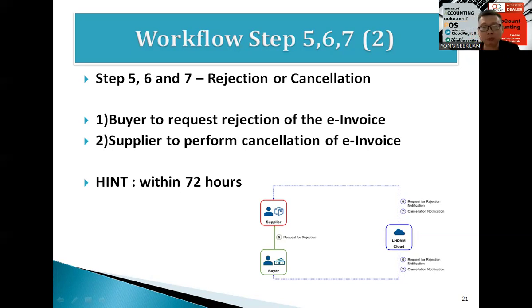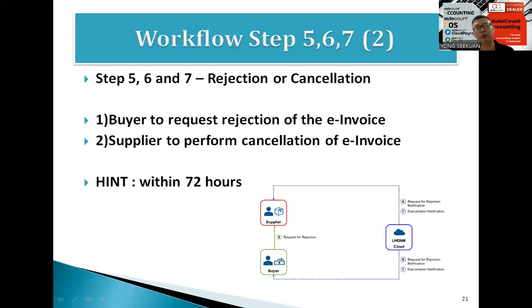If you are the customer and you receive the invoice from your supplier and find that it is not correct, maybe an incorrect item description, then after 72 hours you cannot do any rejection. Same for the supplier.